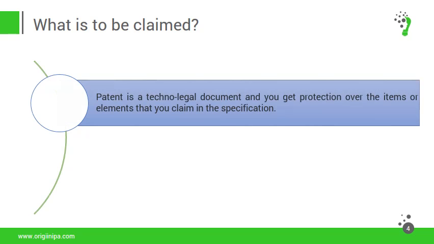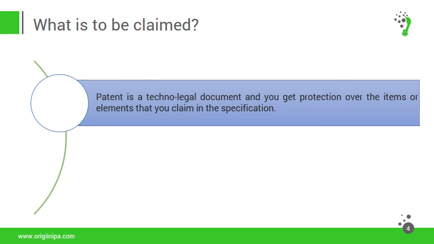Patent is a techno-legal document and you get protection over the items or elements that you claim in a patent specification. Therefore, it is imperative to identify novel elements of the invention and find out the ways to claim them in the specification.